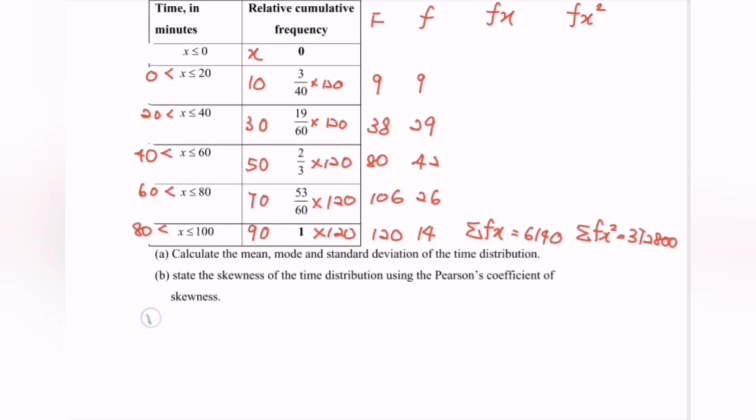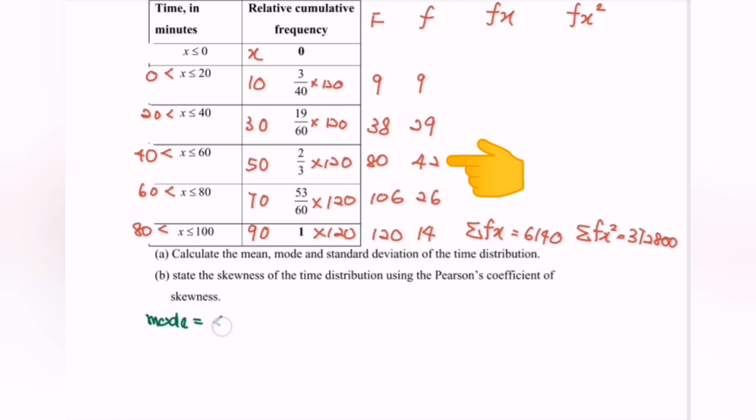Next is to find the mode. Kindly refer to the small letter f, where we have the mode, which is the class with the situation time, x is greater than 40 and less than or equal to 60. So that will be the modal class.